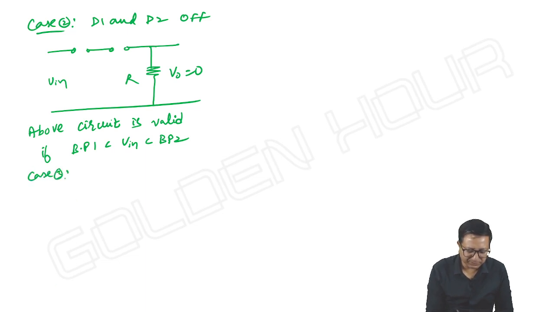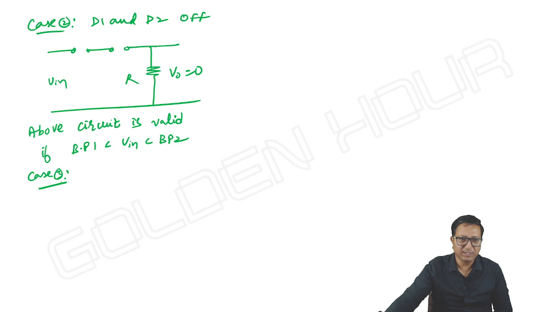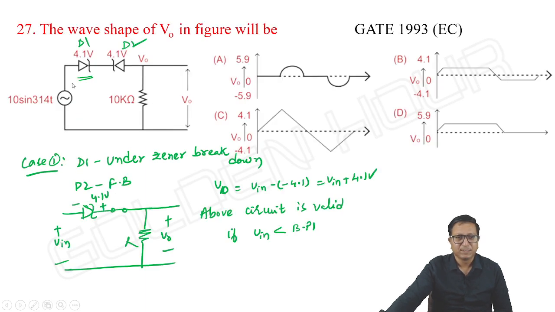Next, case 3. Input is greater than plus 4.1 volt. Then D1 is forward biased, D2 is under breakdown. D1 acts as a short circuit, D2 holds a constant voltage of 4.1. Then output is 10 sin omega t minus 4.1, or input minus 4.1.